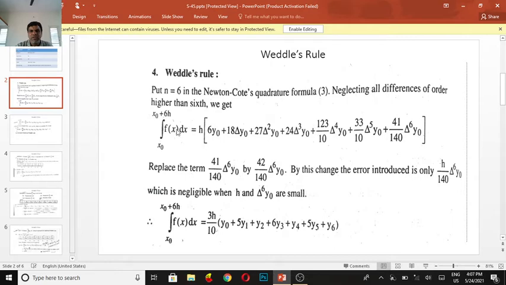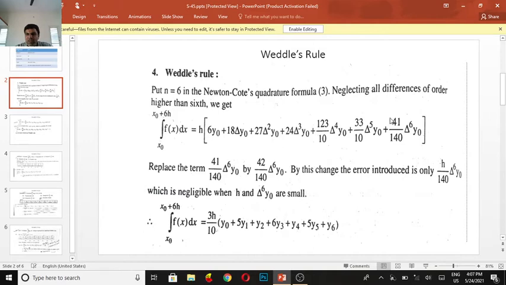we get the integral of x0 to x0 plus 6h f of x dx equal to h times 6 y0 plus 18 delta y0 plus 27 del square y0 plus 24 del cube y0 plus 123 by 10 del raised to 4 y0 plus 33 by 10 del raised to 5 y0 plus 41 by 140 del raised to 6 y0.